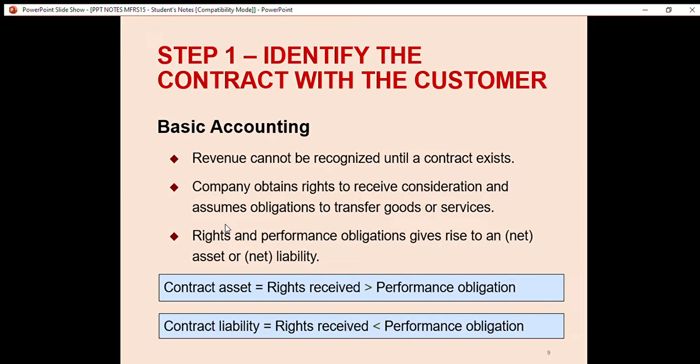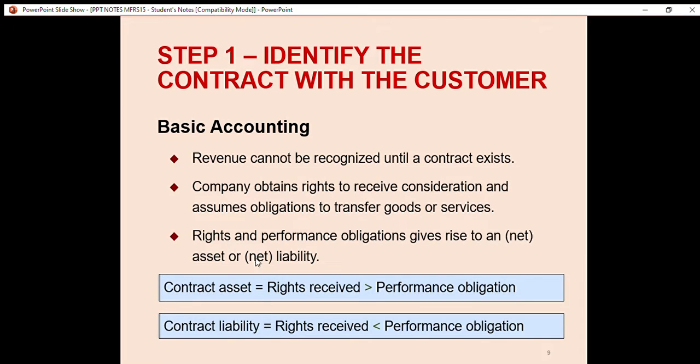The rights and performance obligation in a contract will give rise to an asset or a liability. So the rights and obligations in a contract will give rise to what we call as a contract asset and a contract liability.